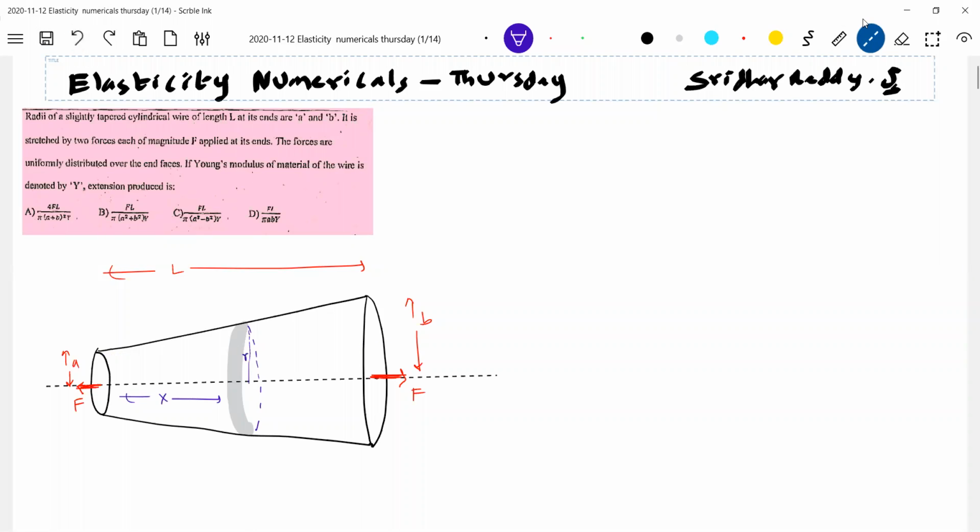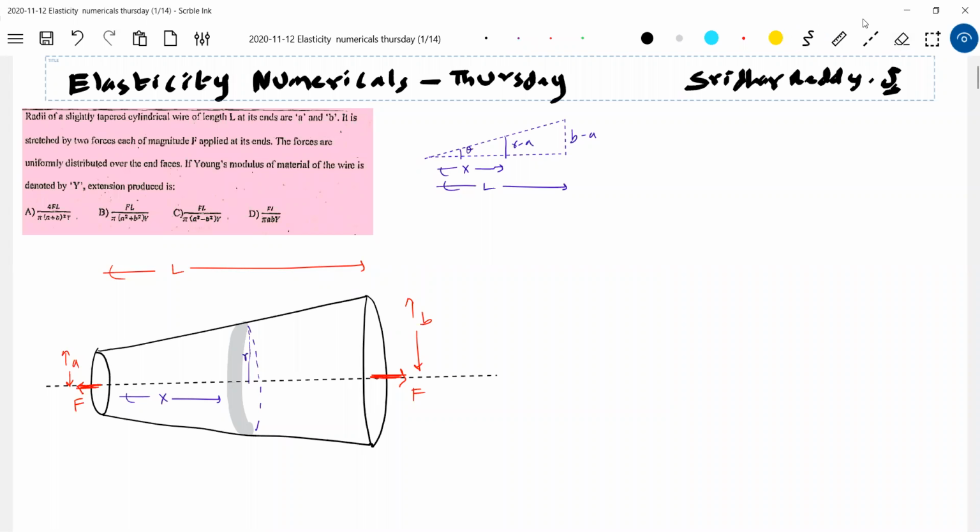Better I'll draw another here. Let me take this is theta at a distance x and this is L. What can be this distance? B minus A. And what about this? B minus R, or R minus A? Should be R minus A, no? This one.